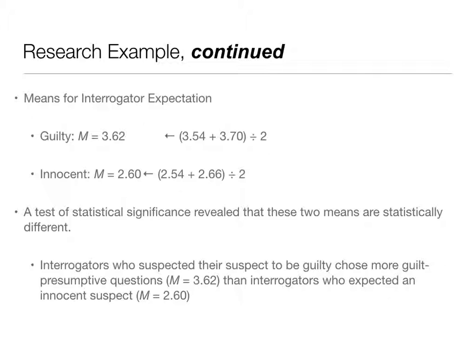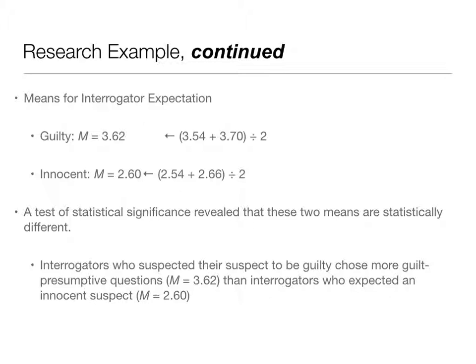Notice that this main effect talks about both of the levels of interrogator expectation, and it compares them, and it says which one was greater, that there was a difference between them, and it describes that main effect. It doesn't just say that there is a main effect of interrogator expectation. It describes the effect, and it describes it that they asked more guilt presumptive questions when they were presumed guilty than when presumed innocent.